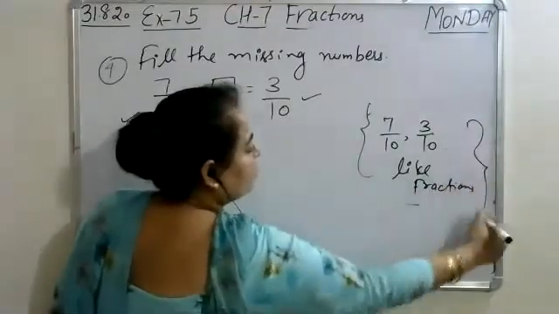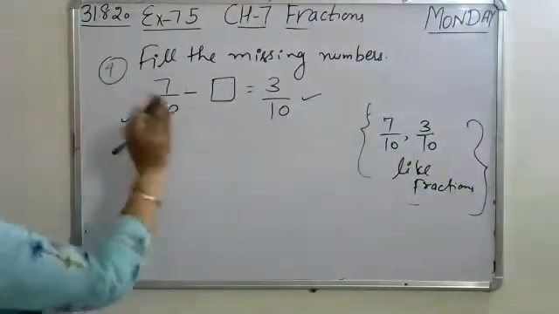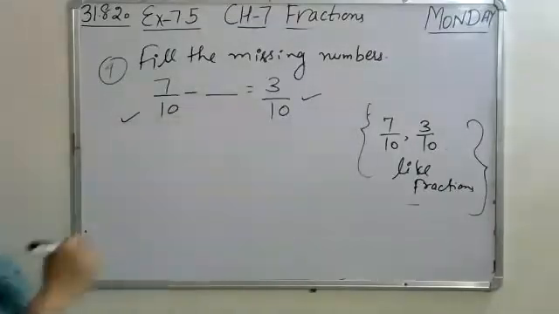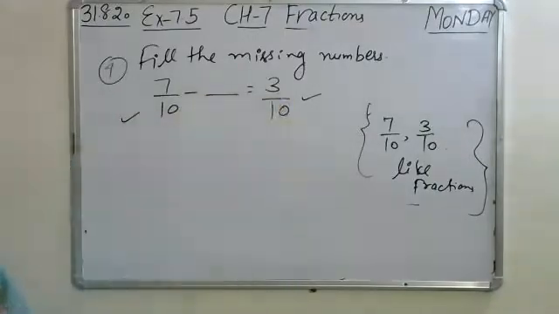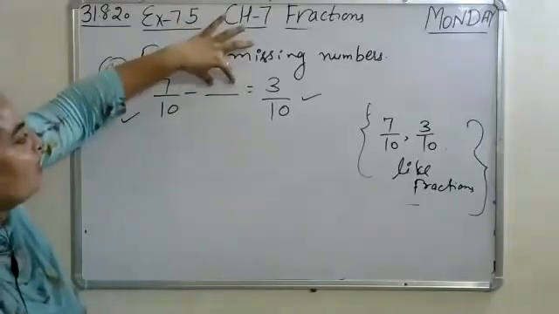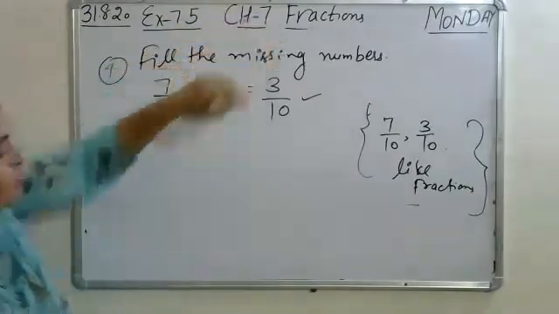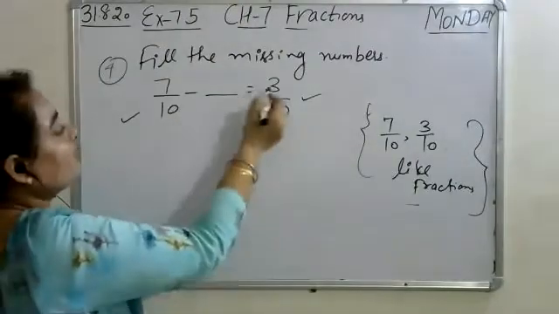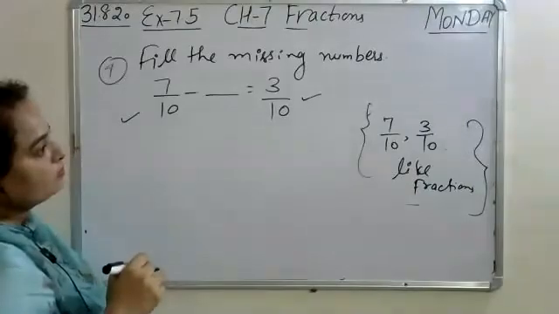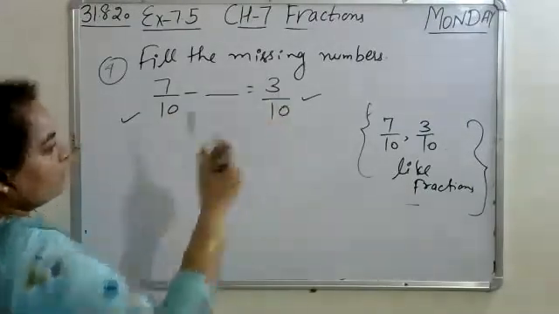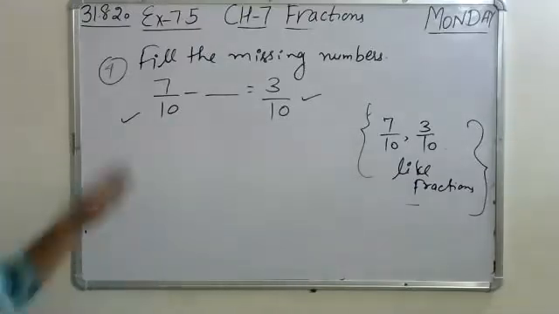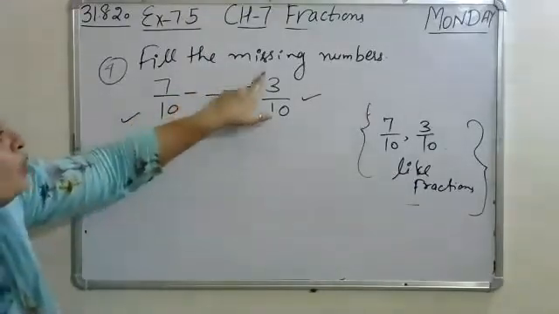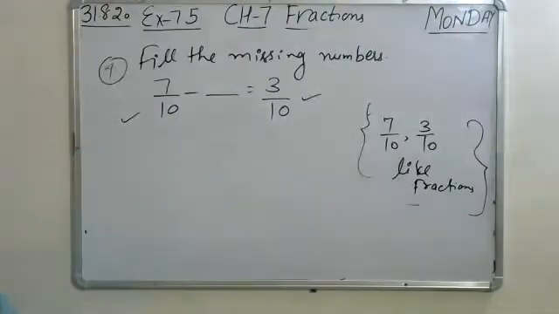Now, in like fractions, it is very much easy to solve this sum. Guneet, tell me, which number you will write here so that in result you will get 3? 7 minus what is equal to 3? 7 minus 4.